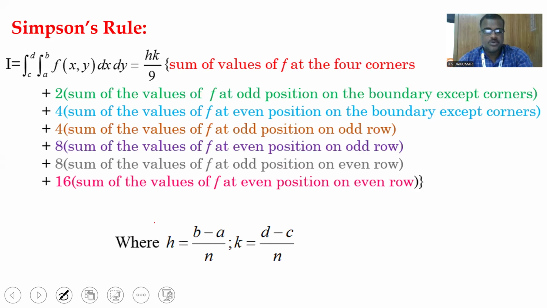It may not be equal, so you may use some other letters like m and n, because when you write n, it shows both are equal. So it is better to use some other letter. So I've used m and n here. The same way applies to the trapezoidal rule as well.